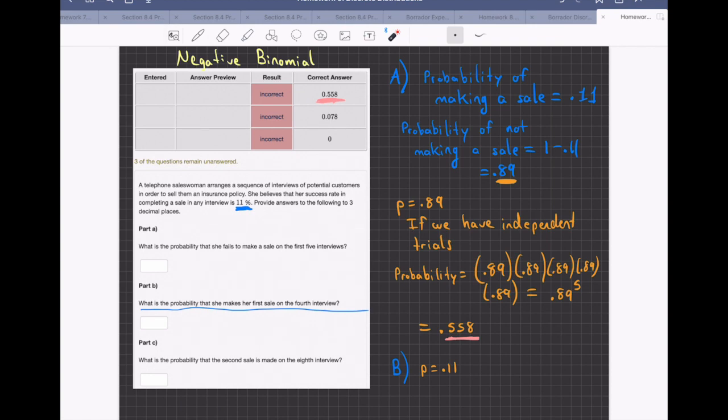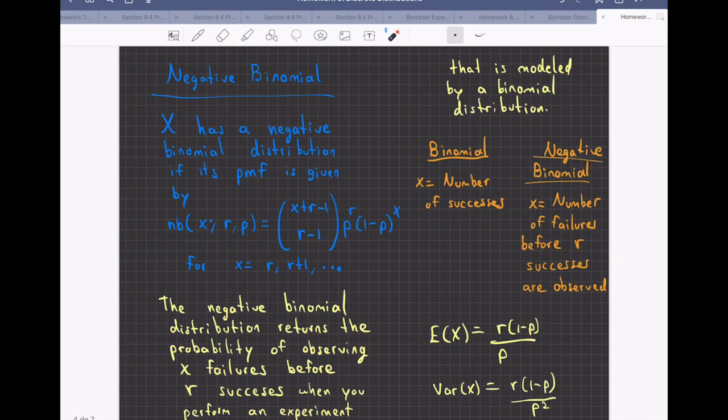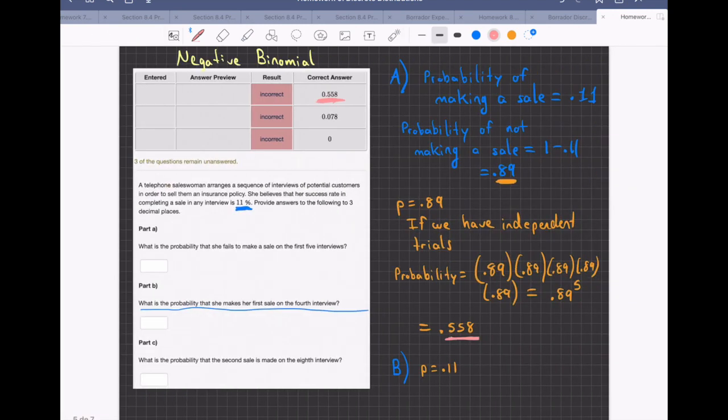It says first sale. R is representing the successes, and X the failures. So we want the first success, so R equal to 1, because we want the first success to occur on the 4th interview.